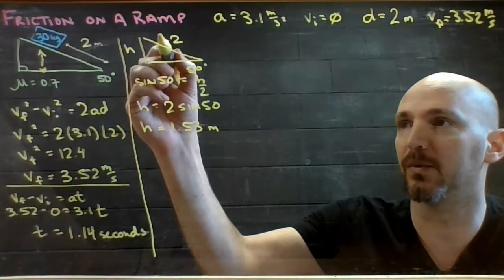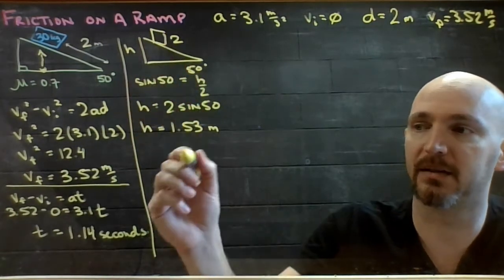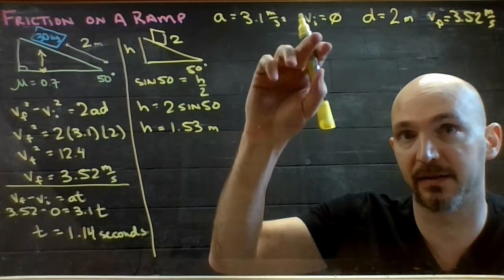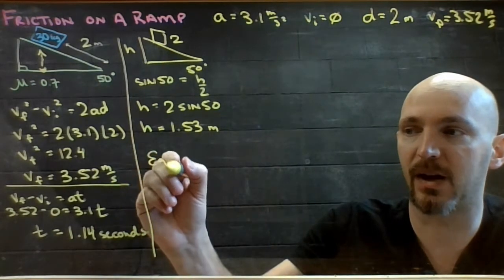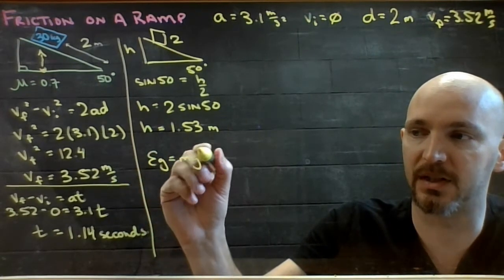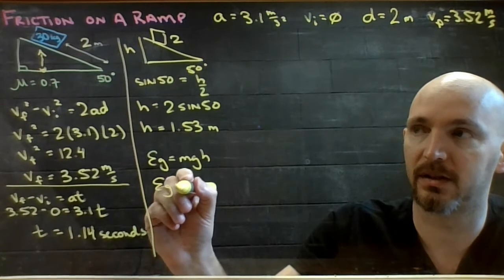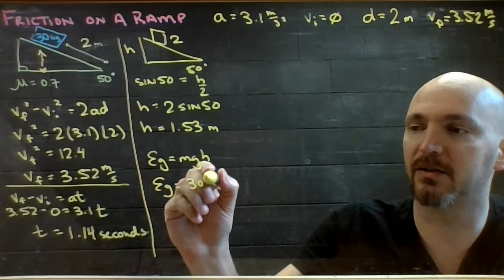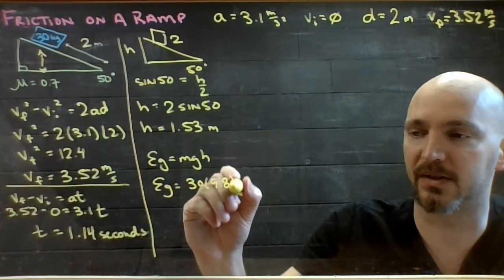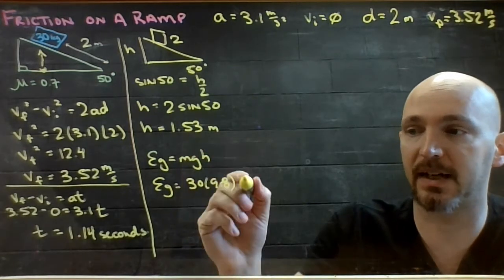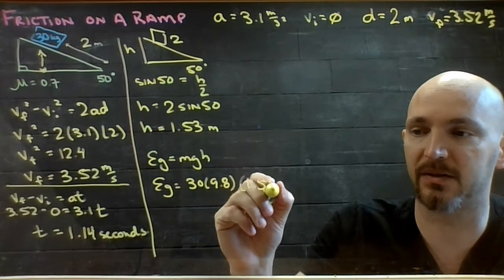Okay, so when the block is way up here, the only energy it has, because it's at rest, is gravitational potential, mgh. It has a mass of 30 kilograms, Earth's gravitational acceleration is 9.8, and the height is 1.53 meters.